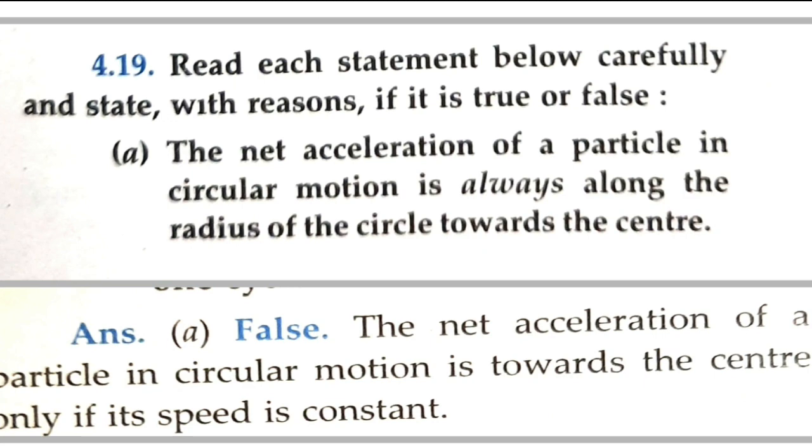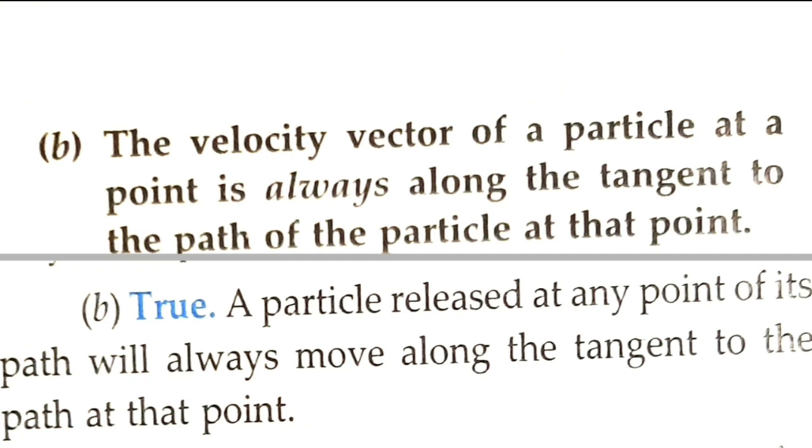Okay. Now next statement, the velocity vector of a particle at a point is always along the tangent to the path of the particle at that point. That is true because whenever the particle is traveling along a curved path, the direction of velocity is given by the tangent to the path at that point.